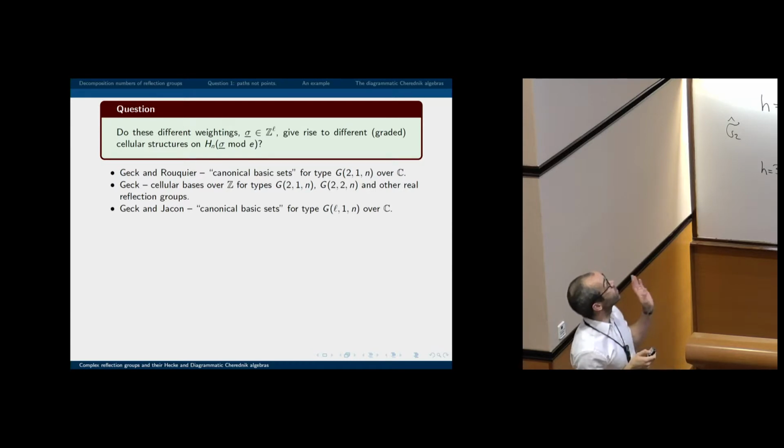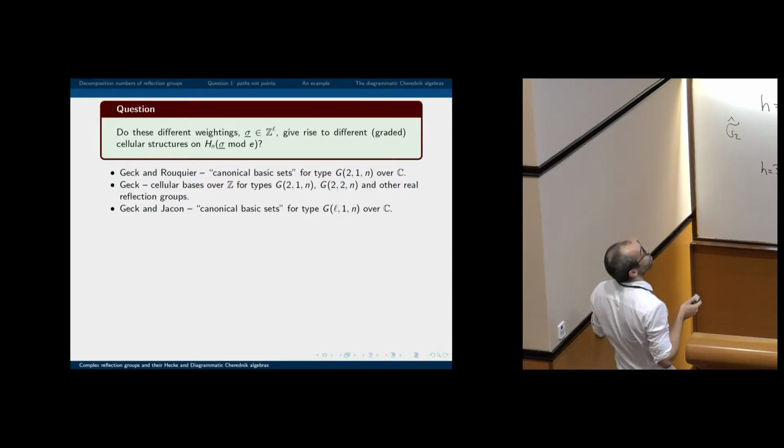It is a way of answering the previous two questions over the complex numbers only, which avoids having to do this. So these canonical basic sets work over C, and they answer the two earlier questions without doing this.